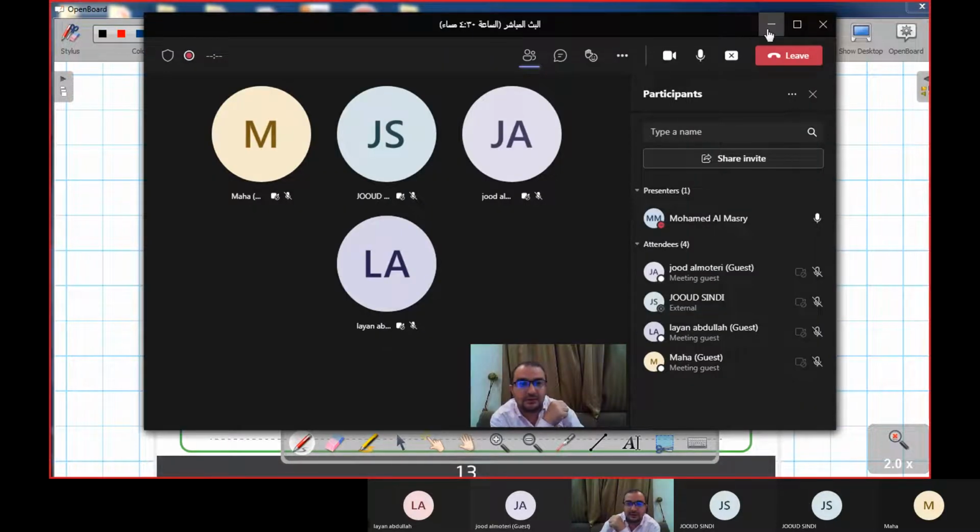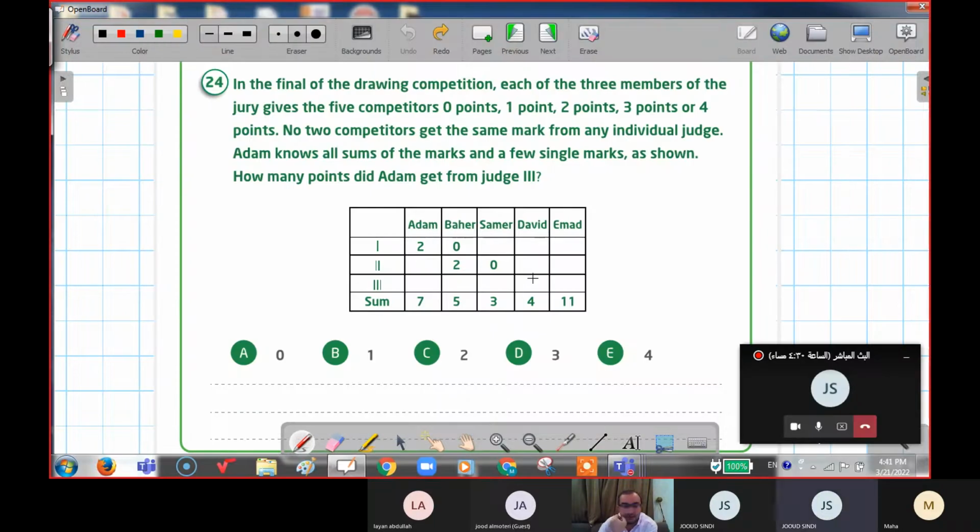Jude, we can solve this question step by step. Of course, I will help you. I know the blanks, the ones with no number, are going to be either 1, 3, or 4 for the first judge.